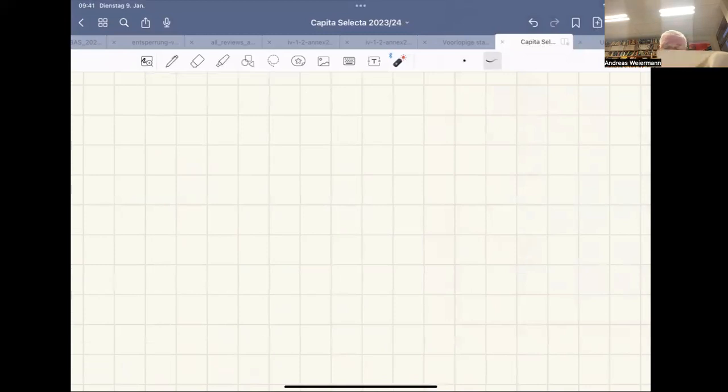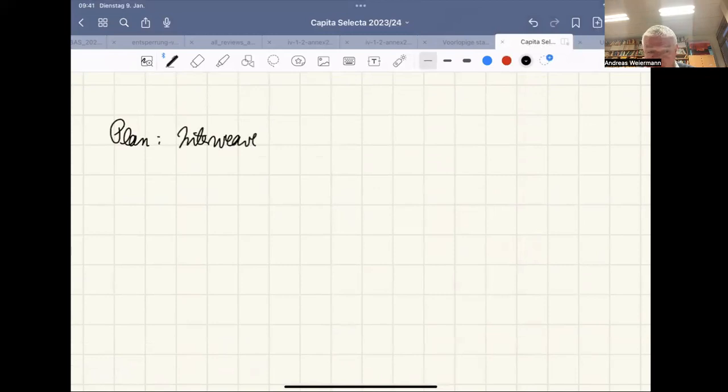Okay. Now we prove the unprovability part. Now what is the plan? The plan is as before. The plan is to interweave O of ML with stepping down along the fundamental sequences.